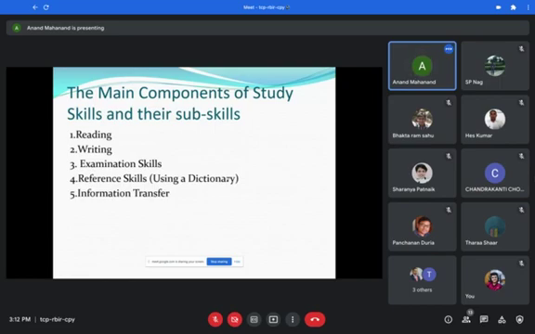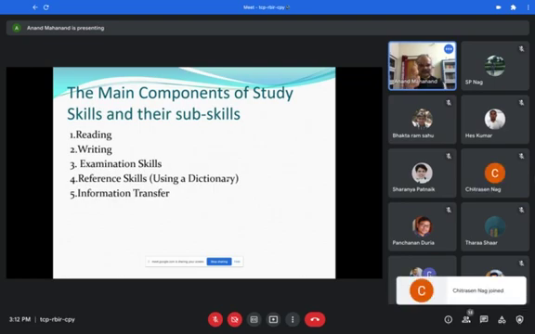So there are main components of study skills and there are soft skills. So you are doing reading, of course, with Suchi Didi, but that reading is a bit different. As part of that reading, you will be reading different kinds of text. You will be reading newspapers, you will be reading different kinds of materials.